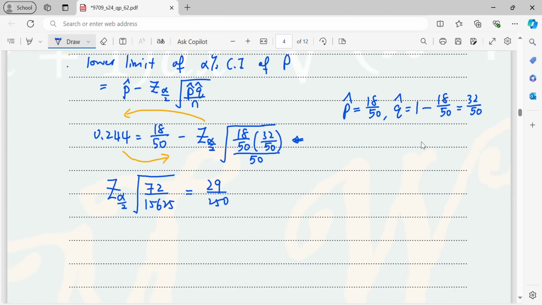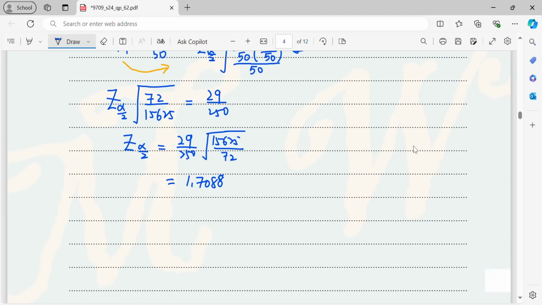Now, from here, my Z alpha over 2 is 29 over 250 times square root of 15625 over 72. You just take 1 over this square root, so I will just swap the numerator and denominator. That means here it is going to be 1.7088.